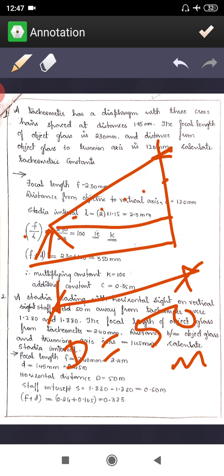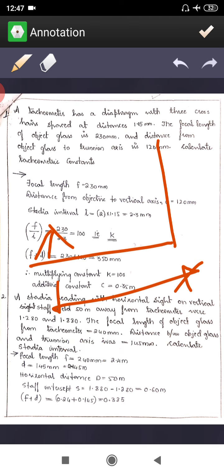The top reading, which is the larger one, is 1.880, and here you will be having 1.280, right? So the staff intercept is given, where 1.280 and 1.880 are the readings.